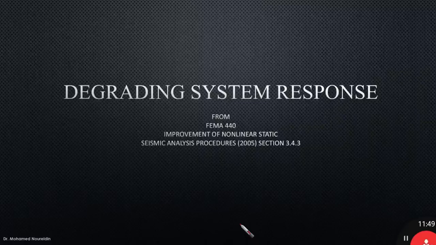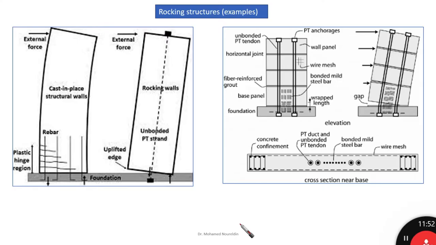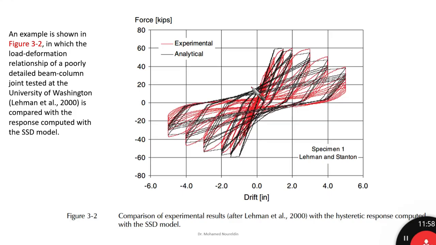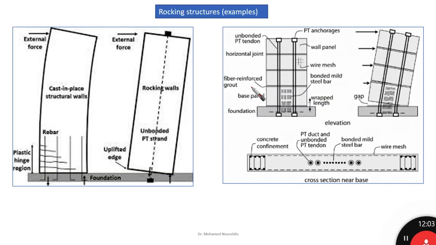Okay, so this actually brings us to the end of this definition of different types of nonlinear or hysteretic models, and in the next video maybe I will talk about how we can get the relation between the two.